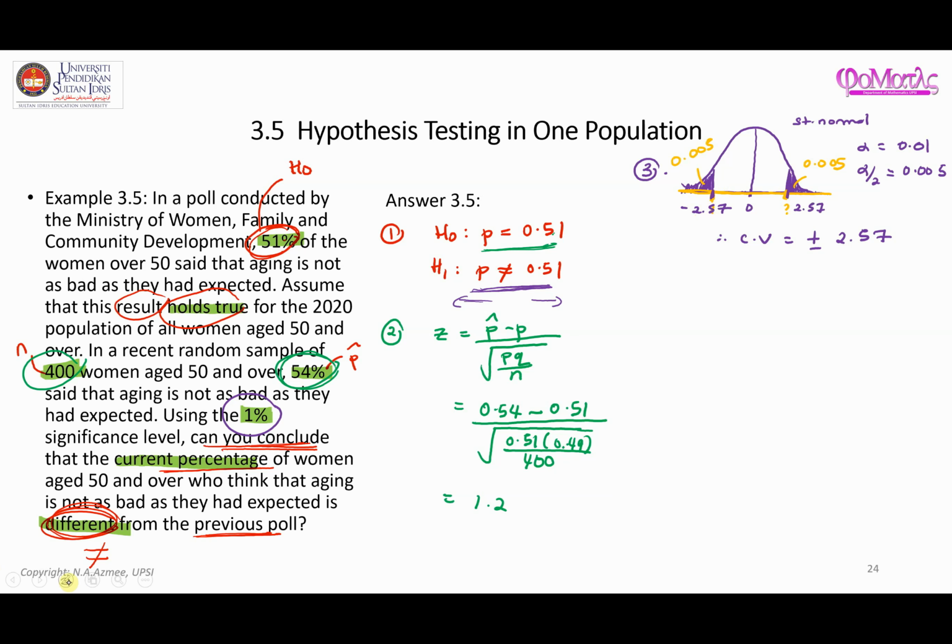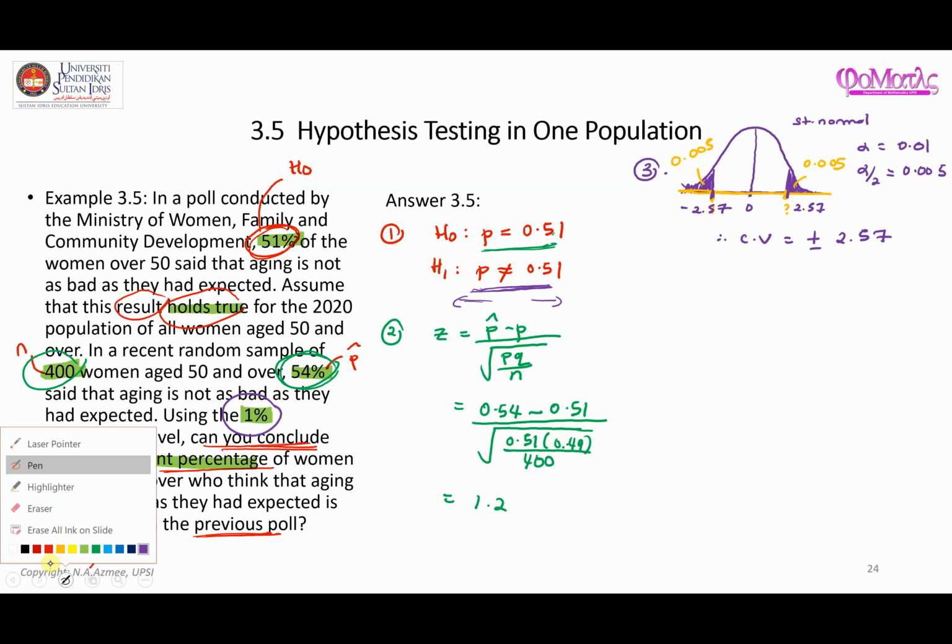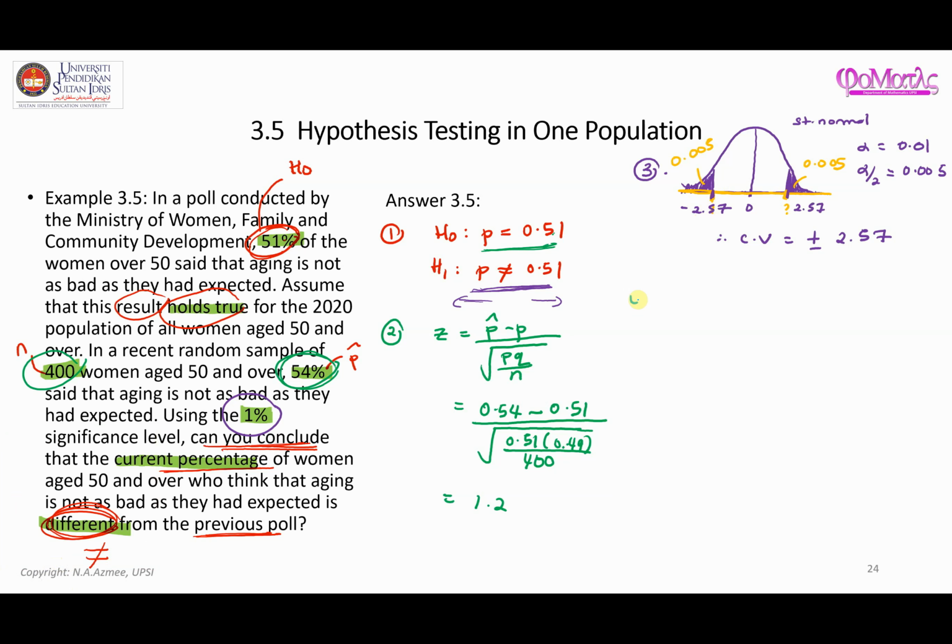Now on the fourth step, we are going to decide whether we should reject or not reject the null hypothesis. We're going to make a decision here, and the decision will be based on what you have obtained in the second step, and you will compare it with these critical values. Based on the result of your second step, we get the value 1.2.